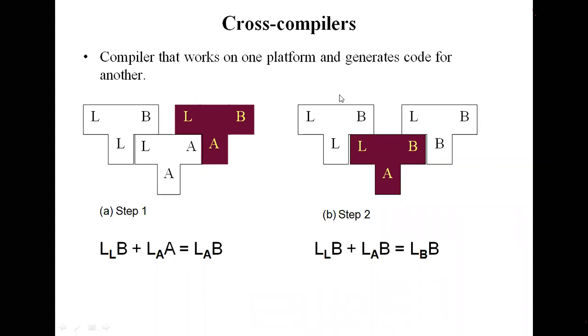Next was the cross compiler, its definition and representation. The other compiler is the incremental compiler. These two, cross and incremental, come under the types of compilers. Up to now I have delivered these topics, and with this I am concluding this session.